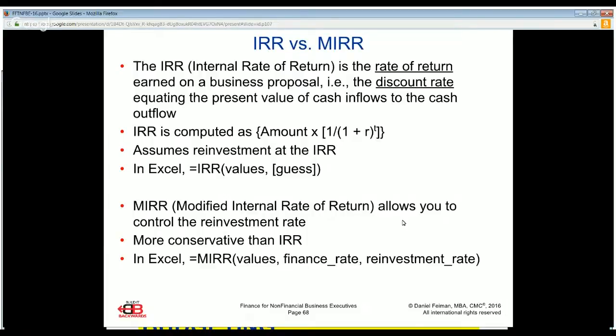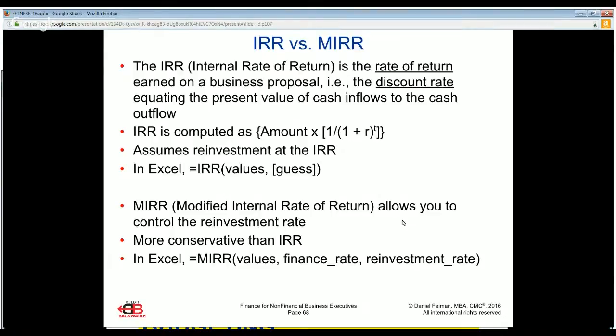It's definitely more conservative and more practical. And the built-in function in Excel is equals MIRR, open parentheses, values. So it's using the exact same range of values as IRR did. Then you'll see comma, finance rate. That's your WACC. That's your weighted average cost of capital.